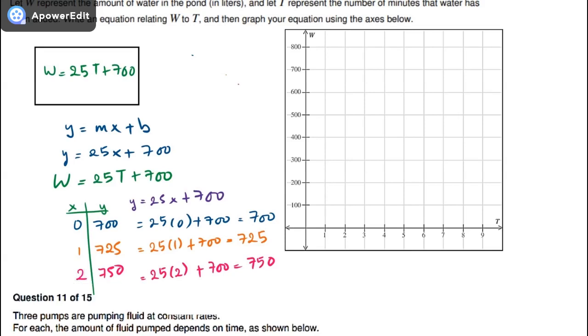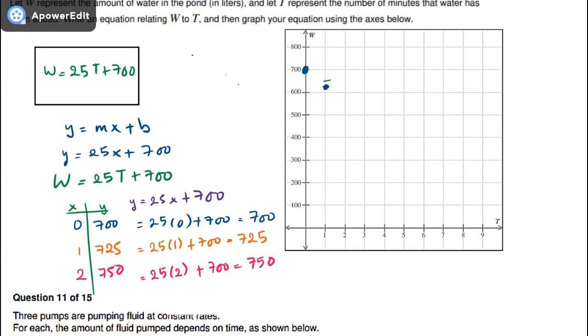Alright, now we're going to plug in these points. (0, 700). Yes. 1 is 725. So look at this one. It's between 700 and 800, so half of that is 750, and another half of that will be 725.